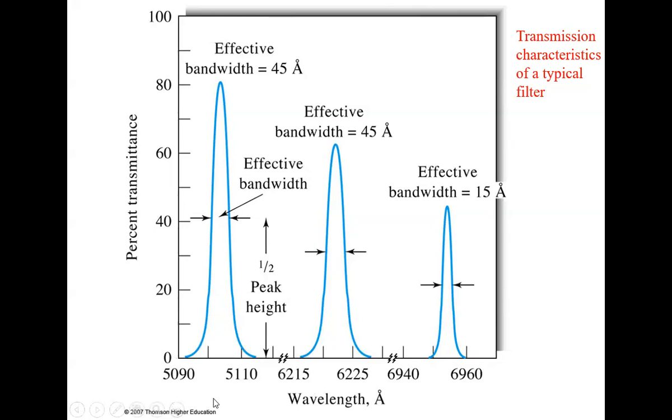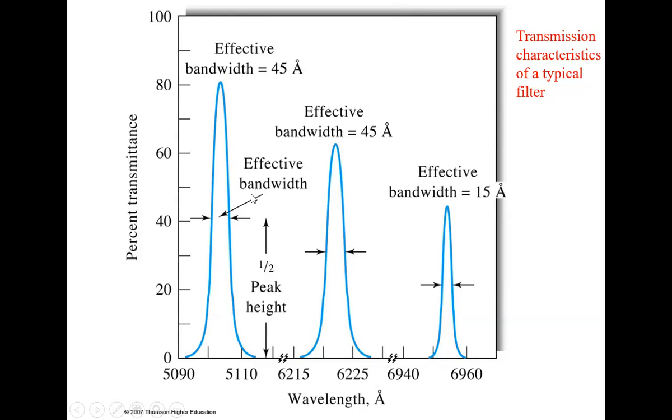Those are the characteristics that you take into account, and the bandwidth. All three characteristics are used to describe a given filter. You can choose percent transmittance, effective bandwidth, and the wavelength of light that a particular interference filter is capable of isolating.